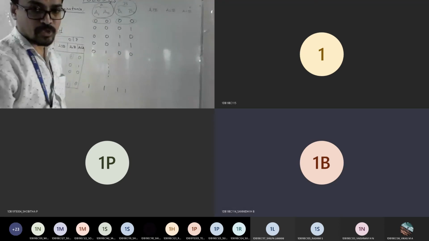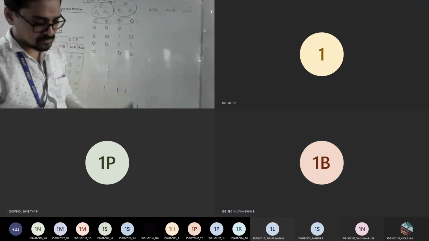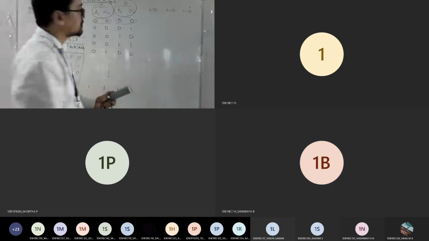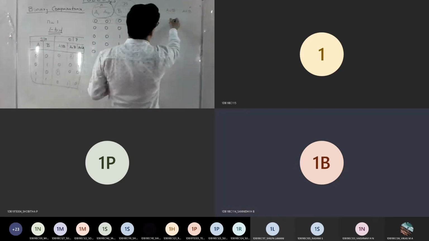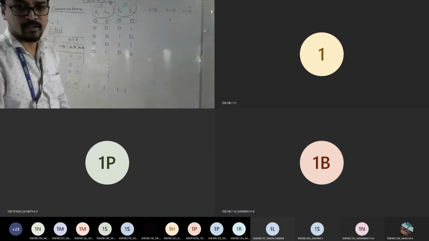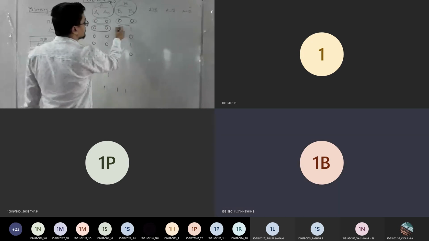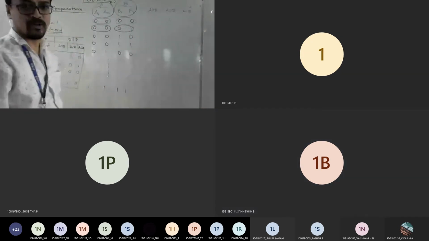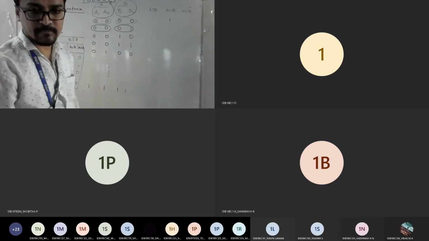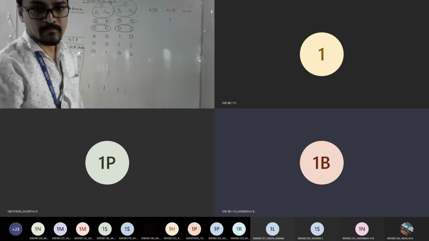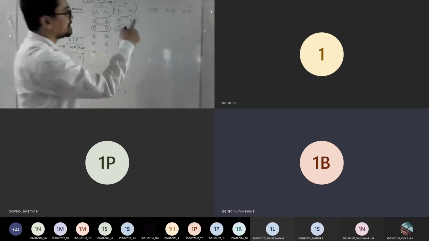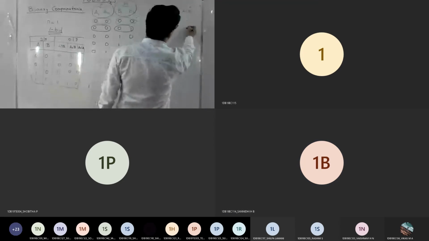Yes, sir. So this is part of which output now? A equal to B. So that's why I wrote A equals B as 1. So go with the next combination. A is 0 0, B is 0 1. So which output now, greater than or less than? Less. So I should write A less than B as 1.